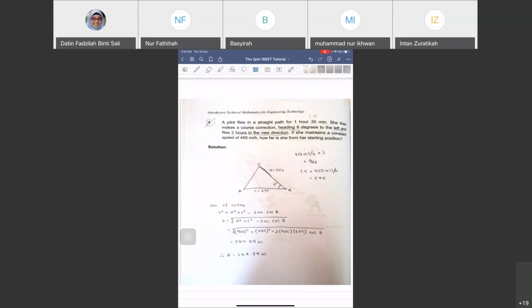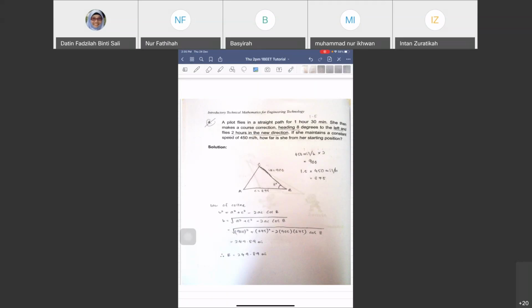A pilot flies a straight path for 1 hour 30 minutes. She then makes a course correction heading 8 degrees to the left and flies 2 hours in the new direction. If she maintains a constant speed of 450 miles per hour, how far is she from her starting position?